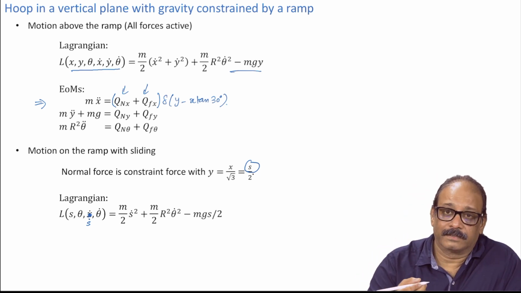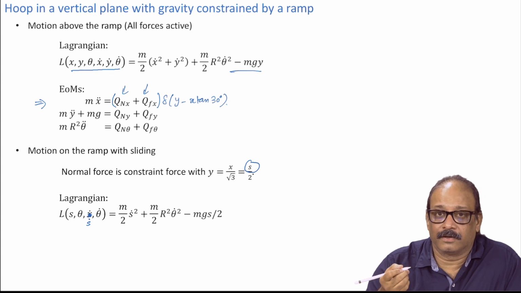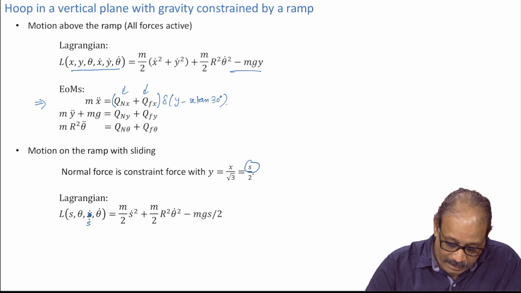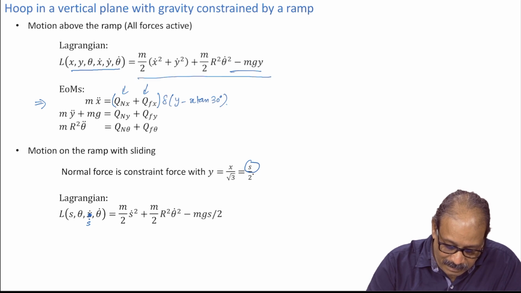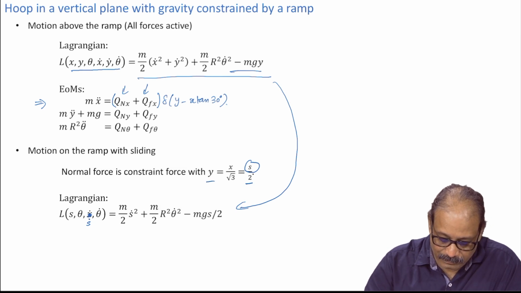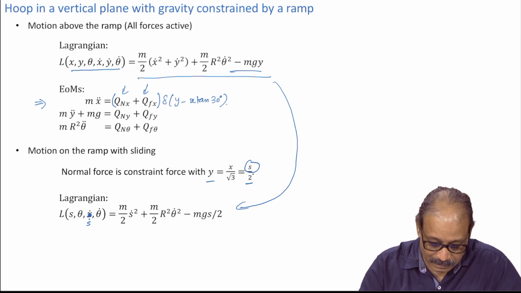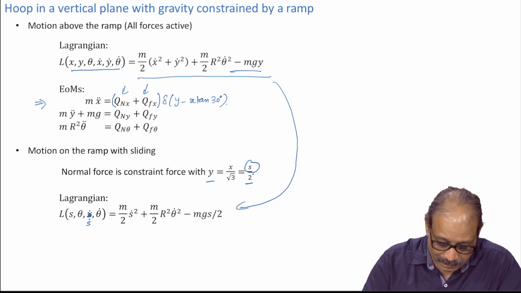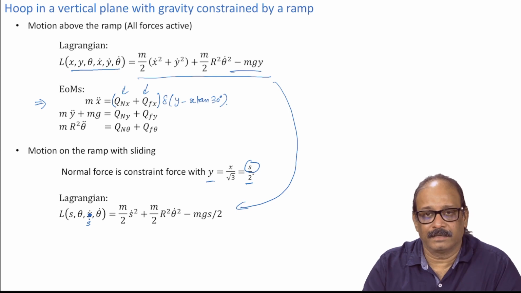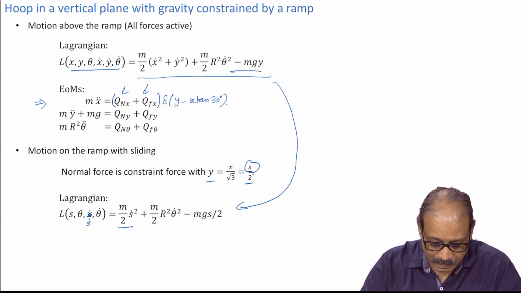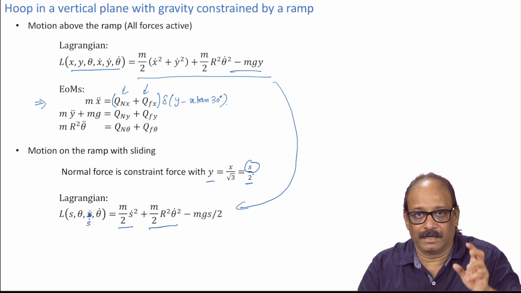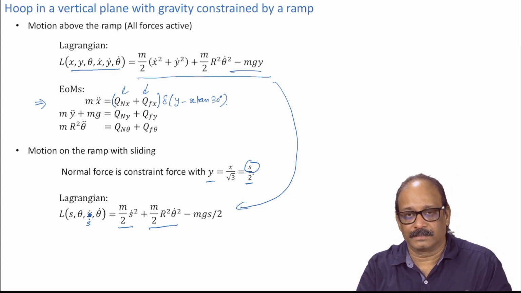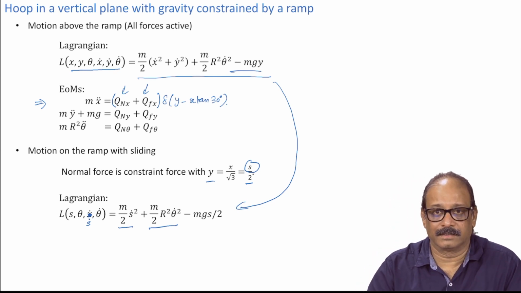So, the Lagrangian is a function of s, theta, s dot, theta dot, and we can actually calculate the new Lagrangian from the earlier Lagrangian very quickly by using this equation. y is equal to s by 2 and x is equal to square root 3 by 2 times s. And that Lagrangian, not surprisingly again, is just the translational kinetic energy plus rotational kinetic energy minus the gravitational potential.